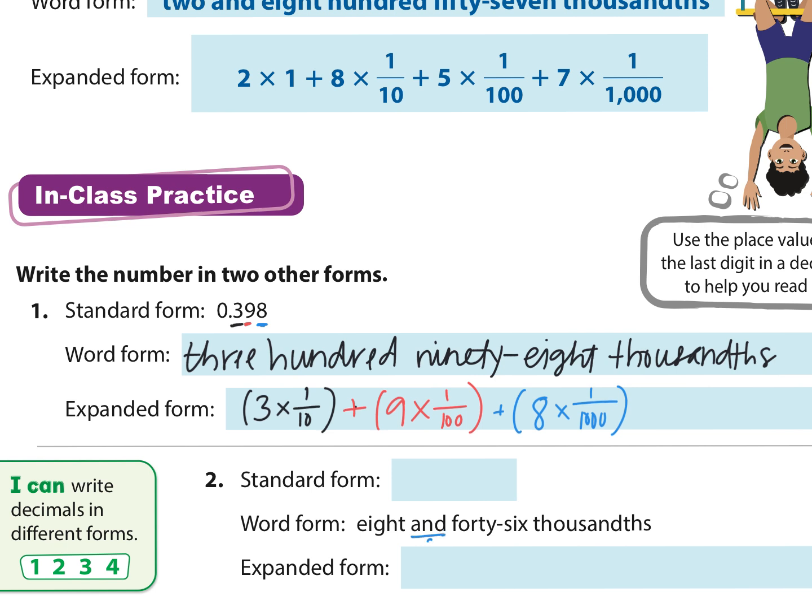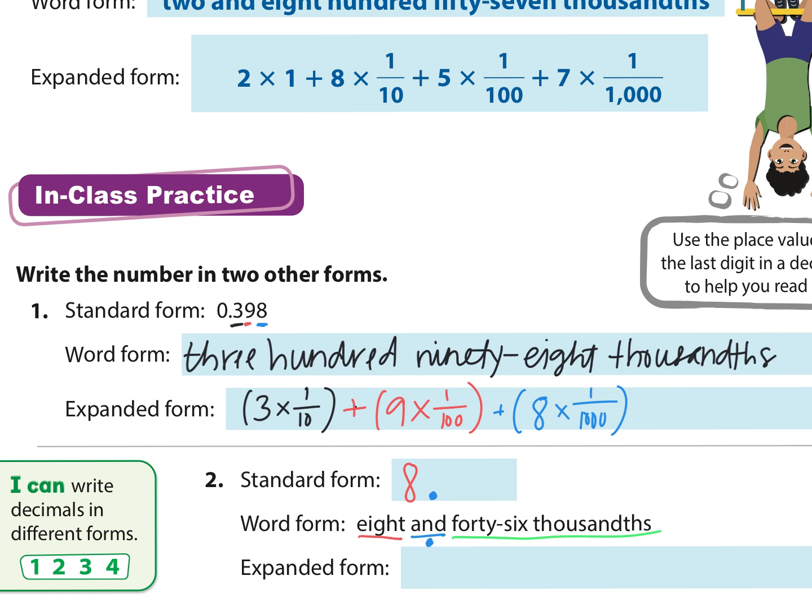So everybody underline the word and put a big decimal there. Okay, so I have 8 and, that means the 8 is my whole number, 46 thousandths. How do I write 46 thousandths? Be very careful, Riker.